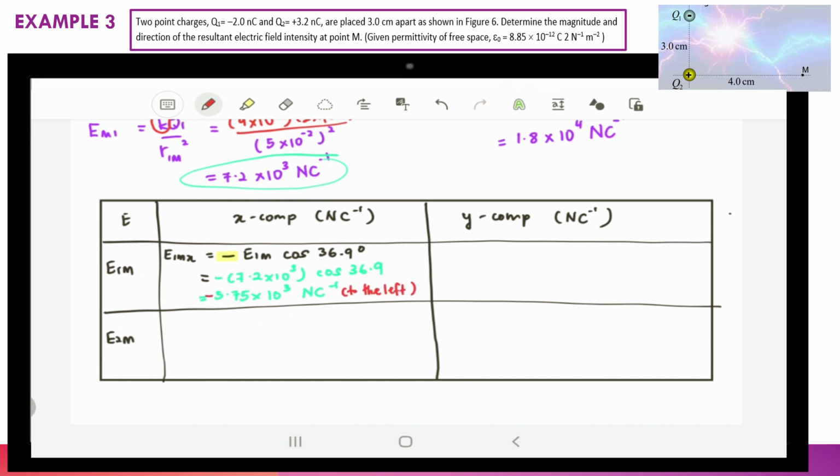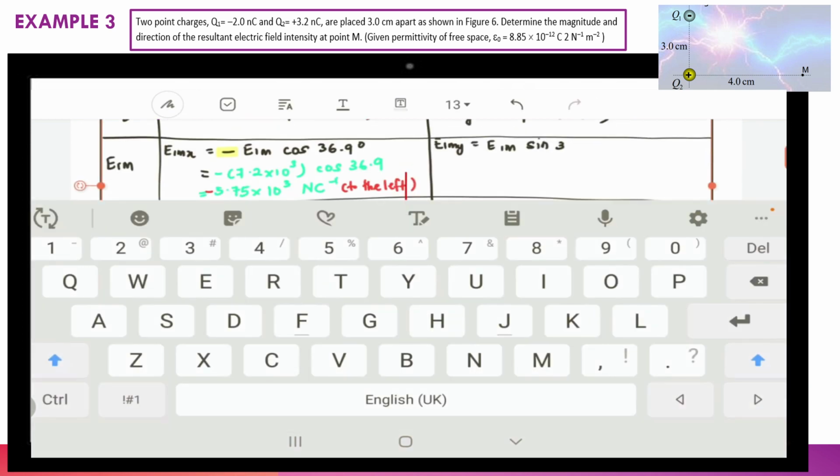And how about the y component? We have E1my is equal to E1m sine 36.9 degree. Sorry.